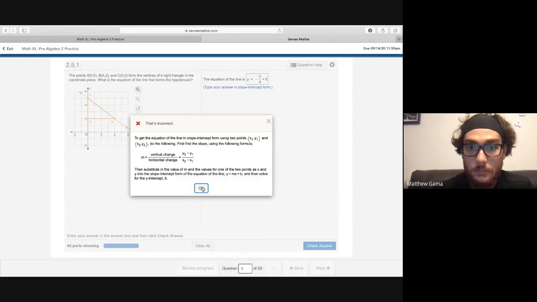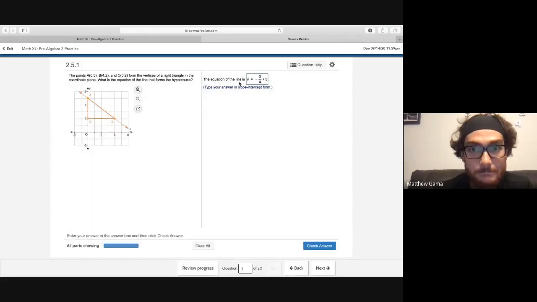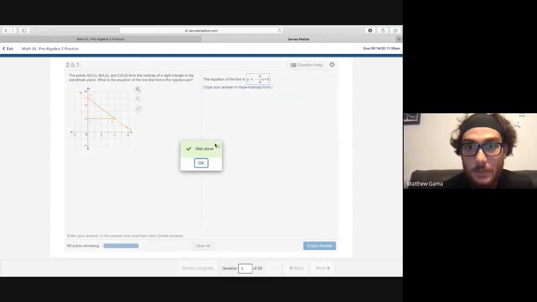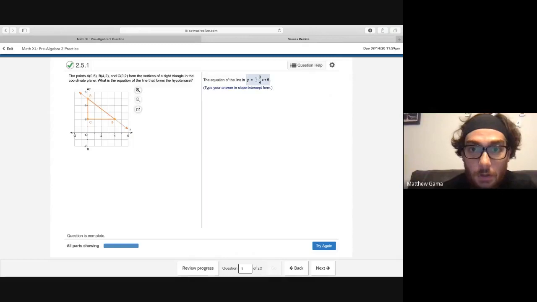And I did it wrong. Now we can look at what I did wrong, and that's because I forgot the x. I just forgot to put the x there after the slope, and that's what you type in. As you could see, when I got it wrong, it gave me a hint.